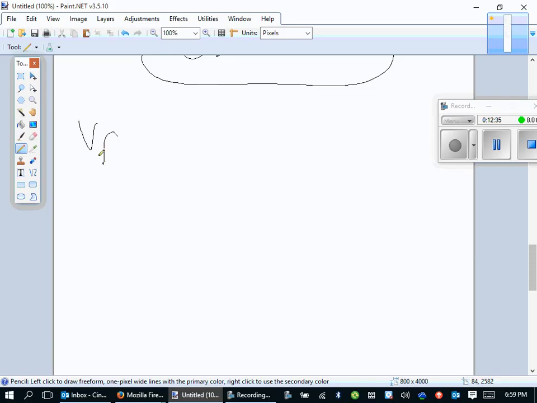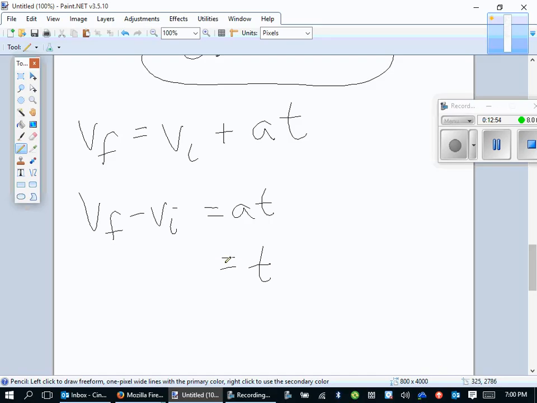Okay, so getting time by itself, I'm going to go V final minus V initial equals acceleration times time. I'm going to divide both sides by acceleration. So V final minus V initial, I divide by acceleration.